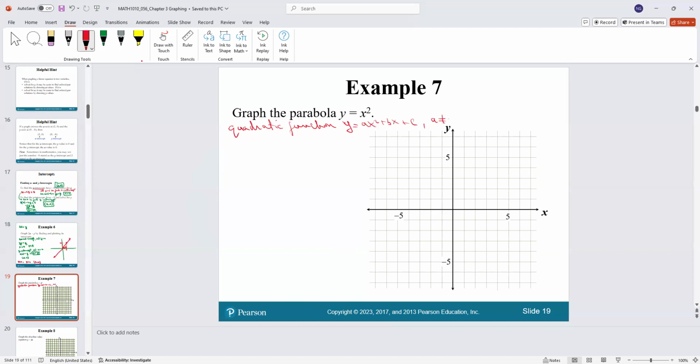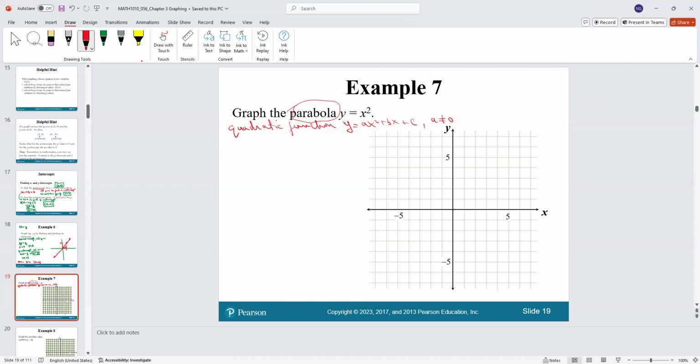If a is 0, then you don't have a parabola anymore, right? So for this type, the parabola can open up or open down when you have y equal x squared, where x squared is the dependent variable, okay?